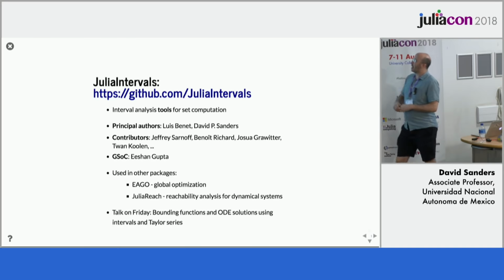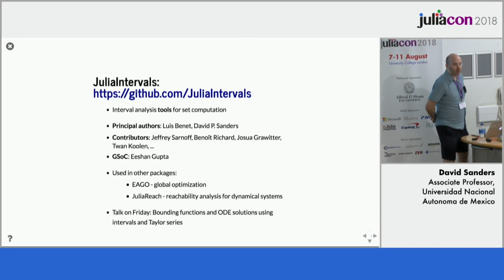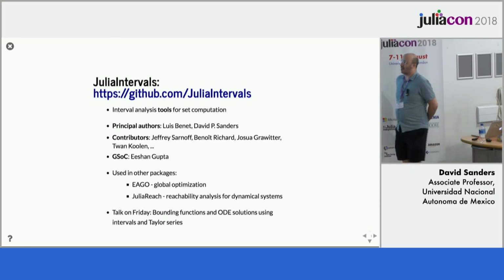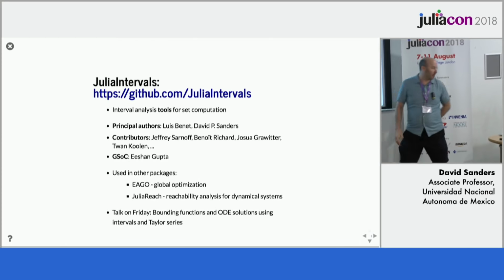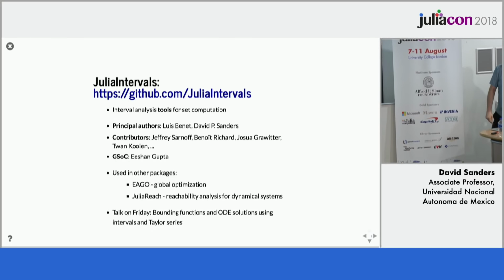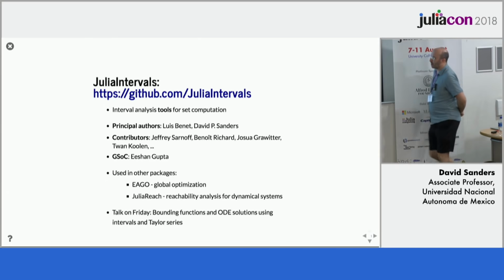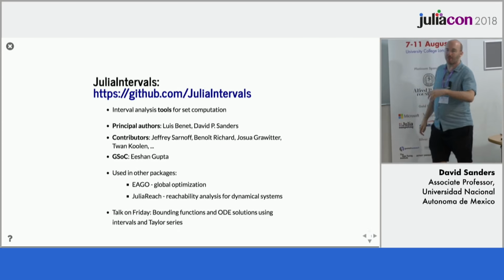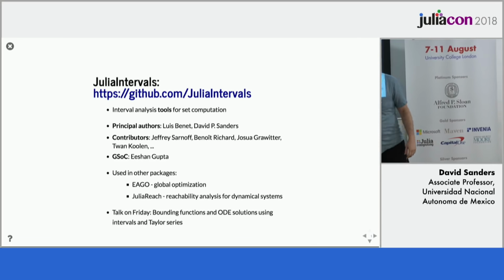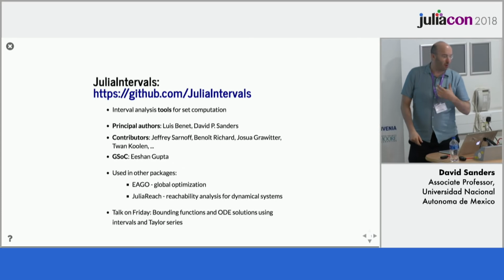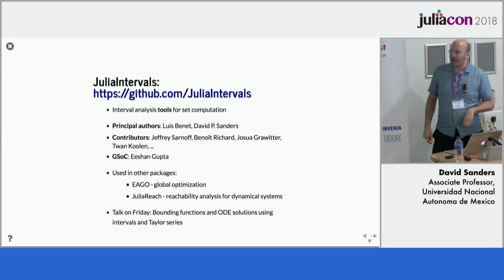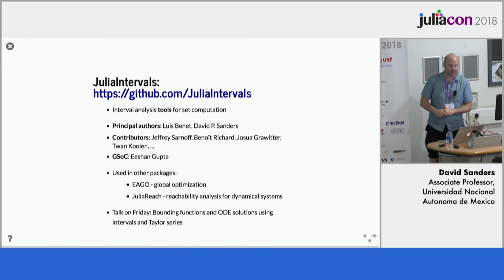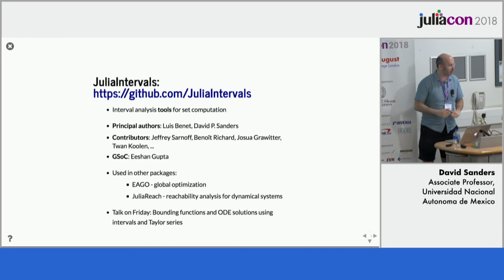Recently there's been some interest from various new collaborators, which we're very excited to see. We also had a Google Summer of Code student, Ishan Gupta, who was working on a couple of the packages. These packages are now being used in other places in the Julia world, in particular Ego, which is a much more complete global optimization package, and the Julia Reach organization for reachability analysis for dynamical systems, neither of which, of course, I'll talk about.